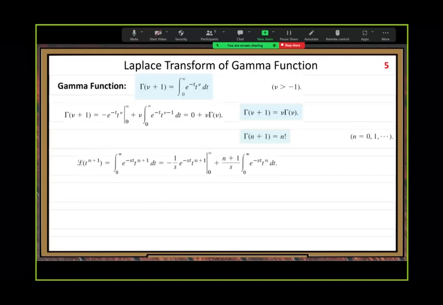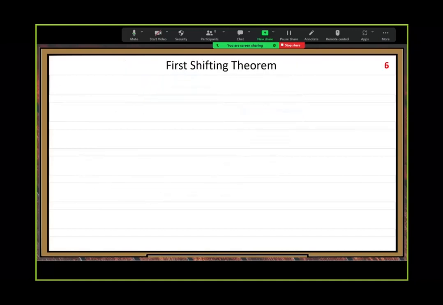So here, let's move to another property called the first shifting theorem. It's another property we can use when we do the Laplace transform. In this shifting theorem, we replace s by s minus a.